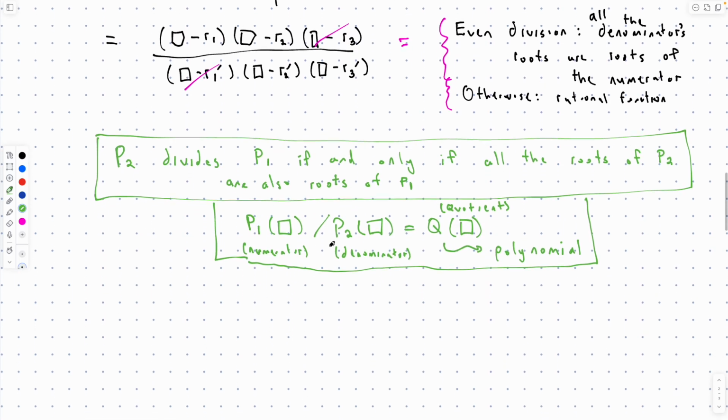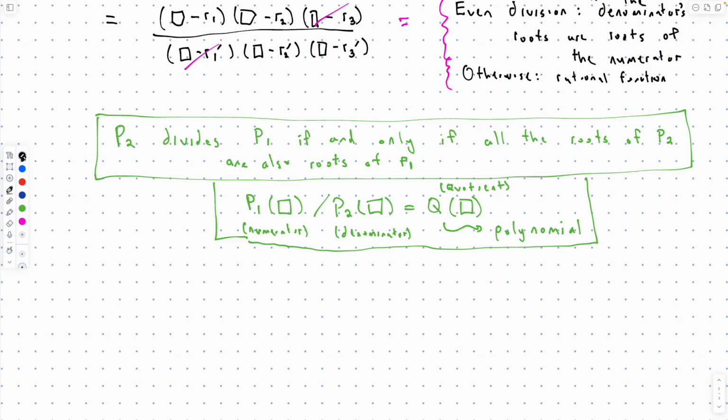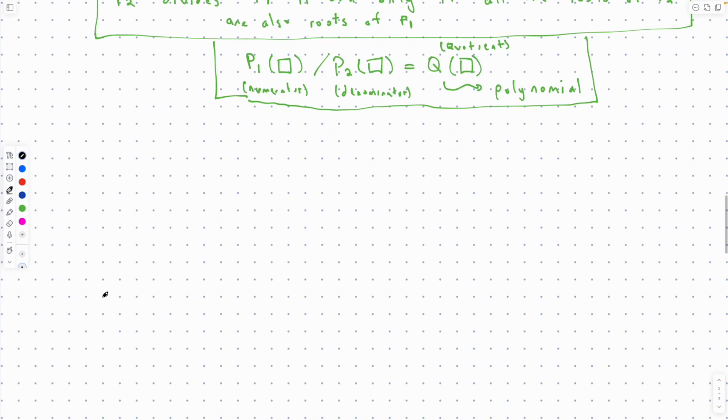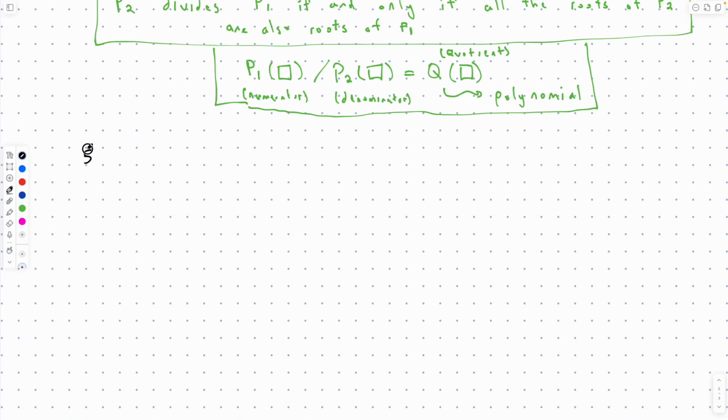Okay, and then the final thing, which we won't see, but I'll just show it to you for completeness, is composition. So this is like P1 of P2 of this. Okay. The result here will always be a polynomial.